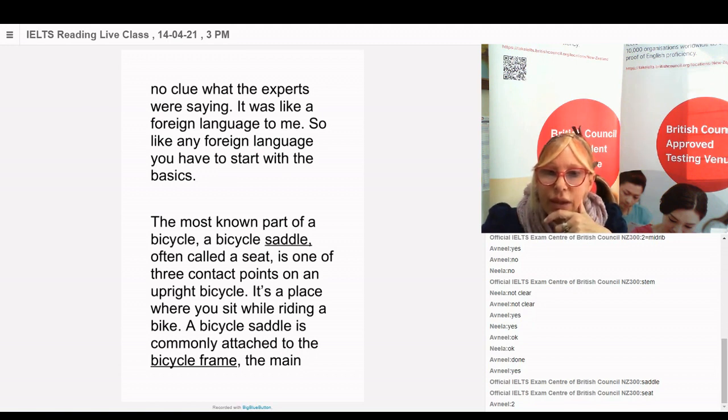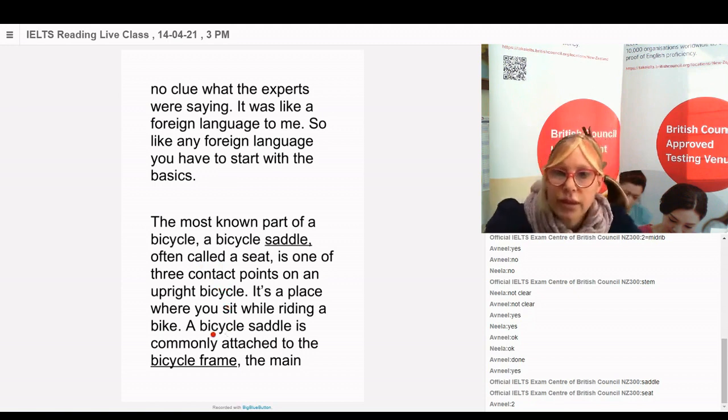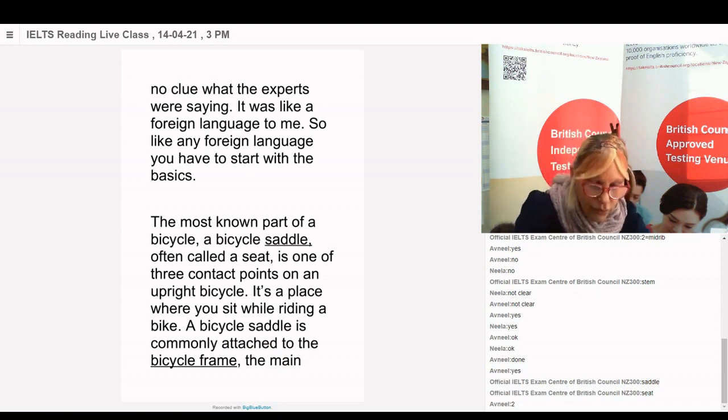It's a place where you sit while riding a bike. A bicycle saddle is commonly attached to the bicycle frame. So here's an important word, attached. Attached to the bicycle frame. Okay, so we've got bicycle frame, bike frame.